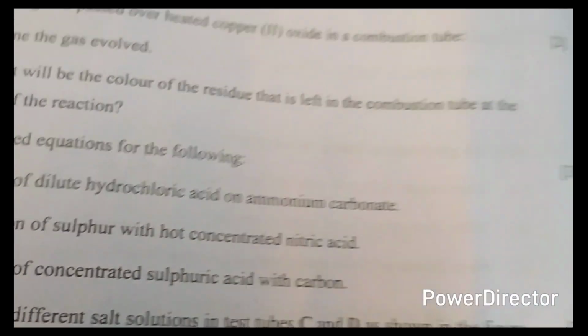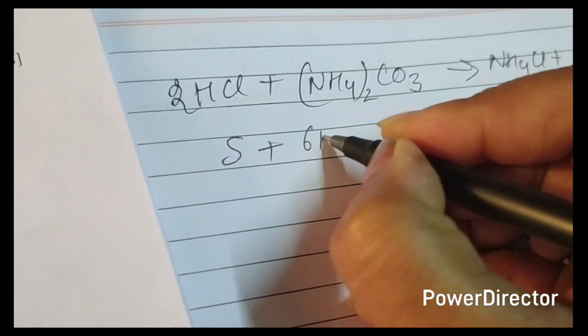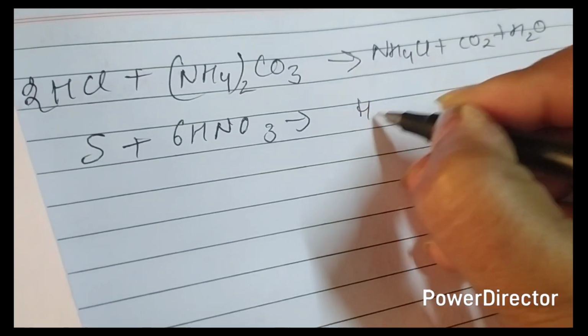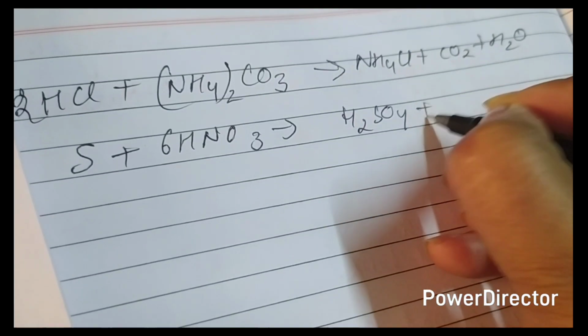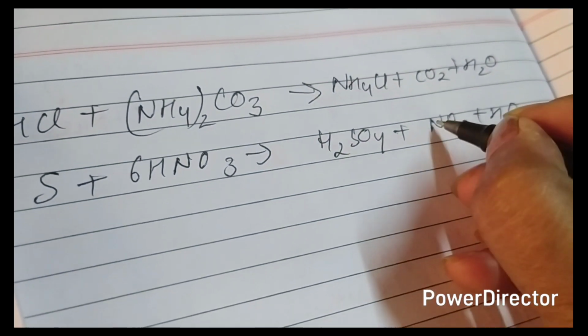Second is oxidation of sulfur with hot concentrated nitric acid. Sulfur plus nitric acid will give you sulfuric acid, NO2 because it is concentrated, and water, and then you have to balance it.